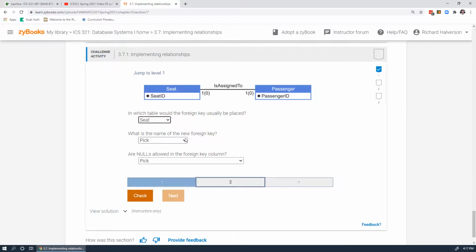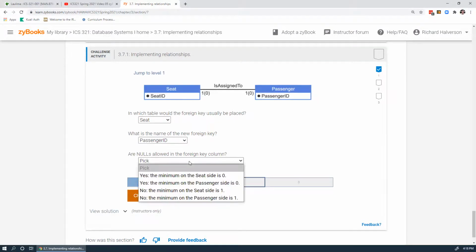What is the name of the new foreign key? Well, passenger ID. Are nulls allowed? Can a seat be without a passenger? Sure, there's zeros there. Yes, the minimum on the seat side is 0. Minimum on the passenger side is 0. Yes.